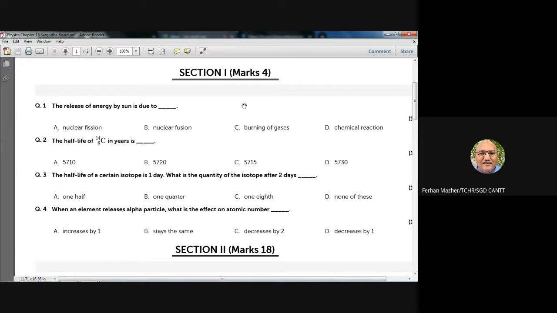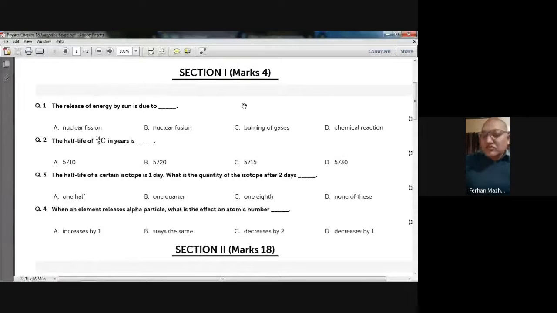This process is called nuclear fusion. Due to this reaction, a lot of temperature and energy is created. So the source of the energy of the sun is basically nuclear fusion. Hydrogen and hydrogen, smaller nuclei, join to make a larger nucleus. So what's the choice? B. B is the right choice.